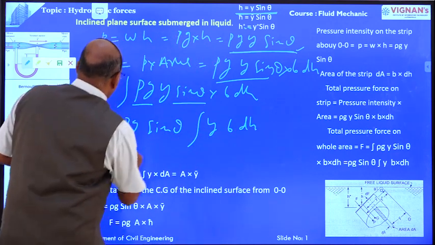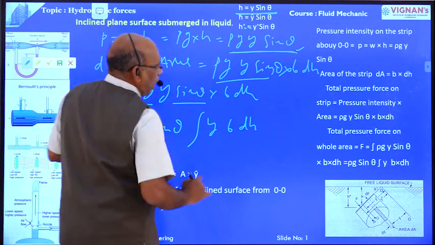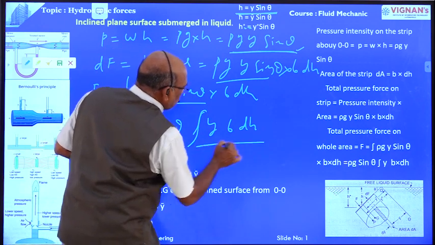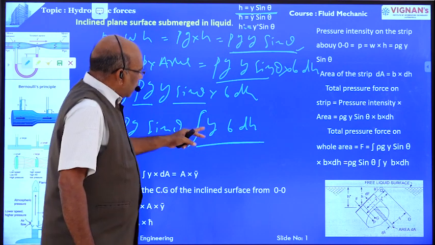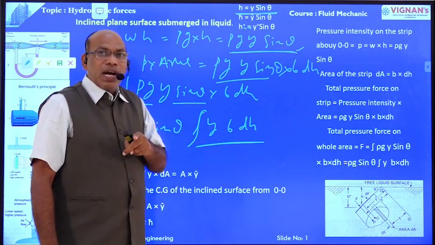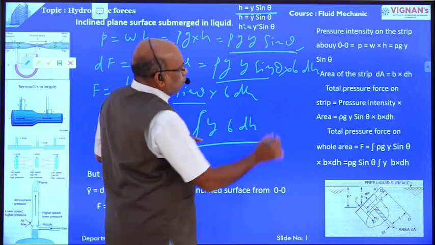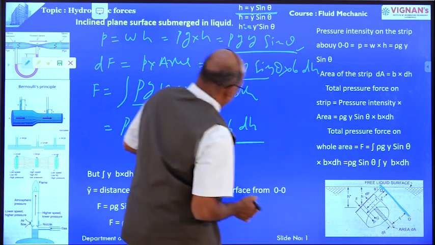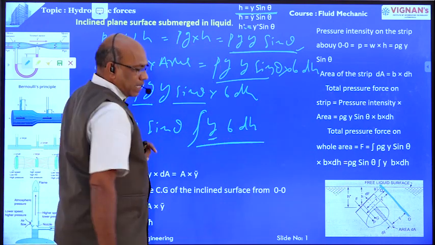Now integral y b dh is the moment of area about the axis OO, because this is y, not h.